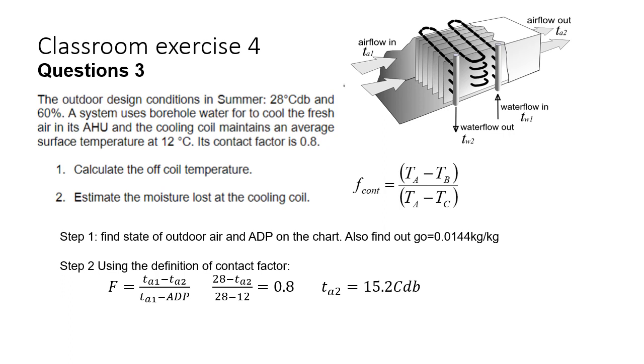The lower one is before, 28, and going over a 12 degree, very cold surface. That is the definition of contact factor, and it equals 0.8. So very easily, we can calculate the air out here will be 15.2.